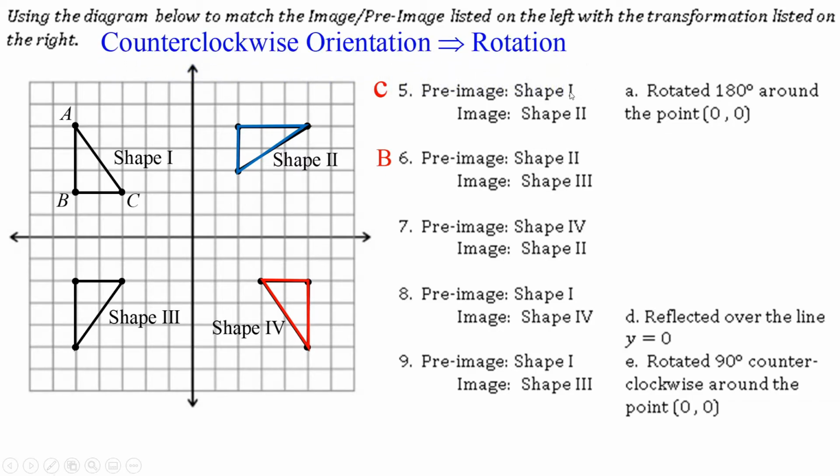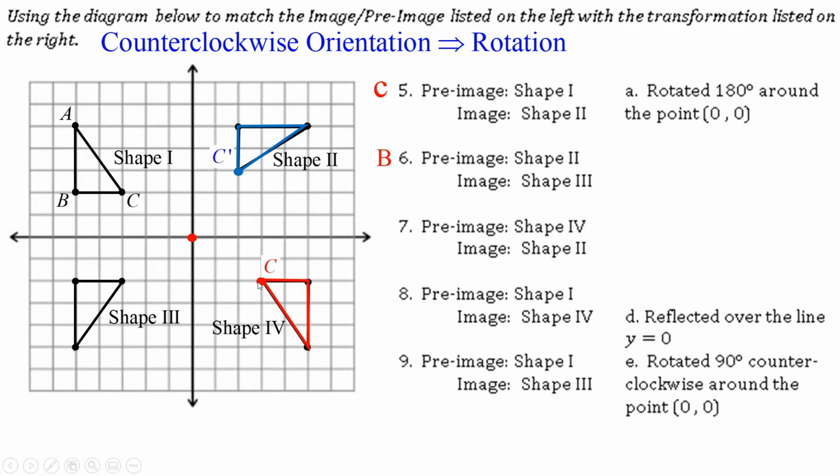All right. So let's label our anchor point and our center of rotation and the image of our anchor point. So center of rotation has to be the origin. And let's use that C again for our anchor point right there. We'll call that C. And in shape 2, that image would be this point right there, C prime.